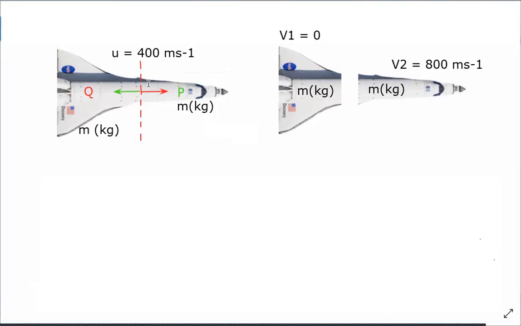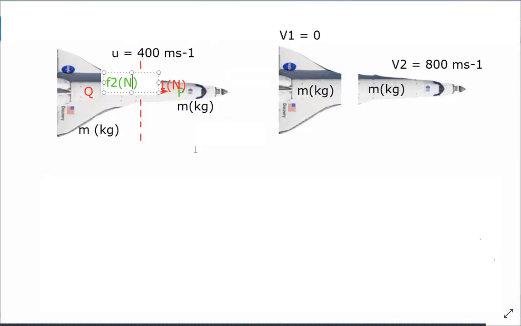So, for me to explain easily, I'll mark this as F1 Newton. F1 Newton is the force given by Q to P. And F2 Newton is the force given by P to Q. Even though I have marked them as F1 and F2, they are equal in magnitude.